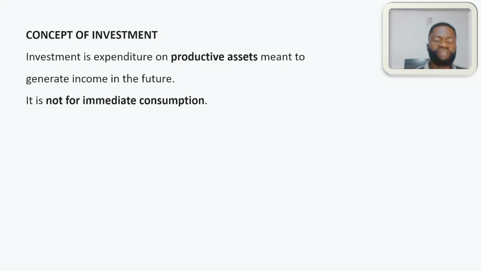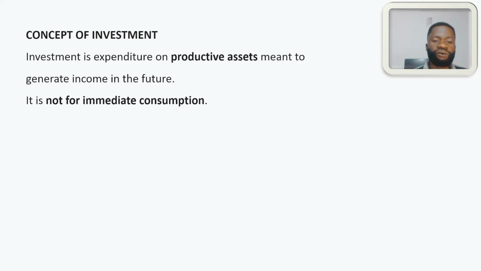So investment involves sacrificing current consumption in order to enjoy greater benefit in the future. So in economics, only spending that increases the ability to produce goods and services is regarded as investment. So when we say investment is future oriented, investment increases productive capacity and it also leads to income generation.